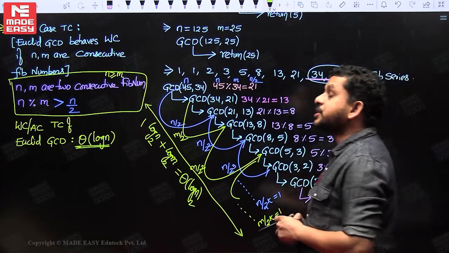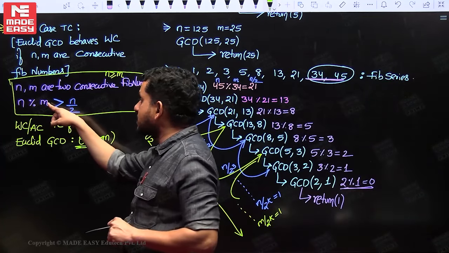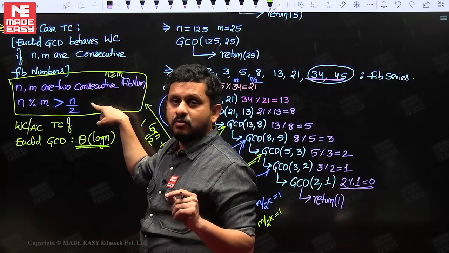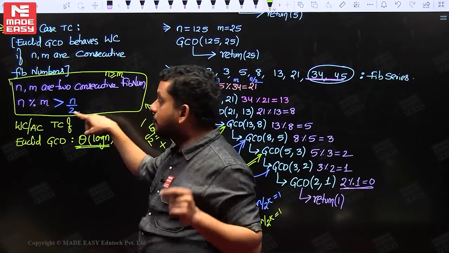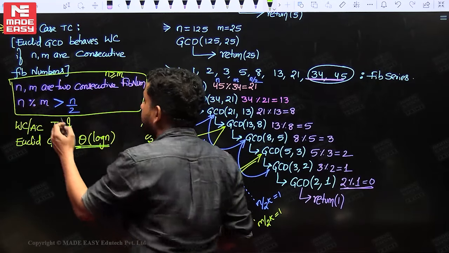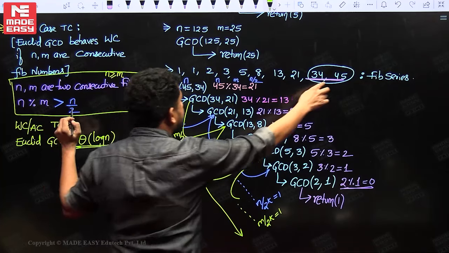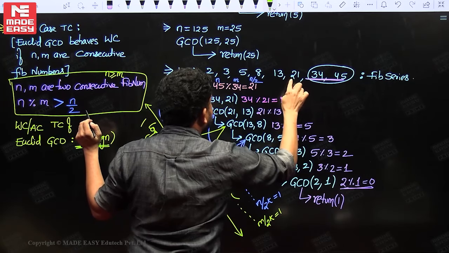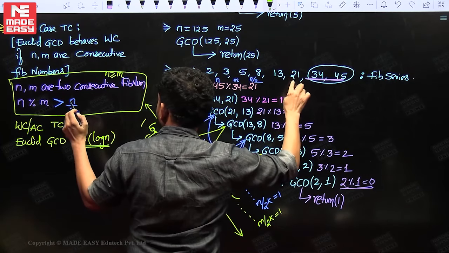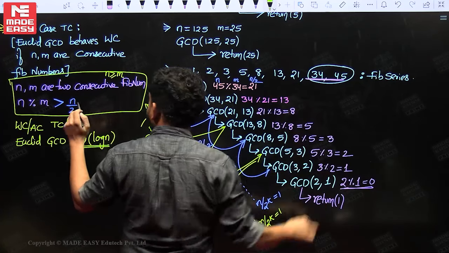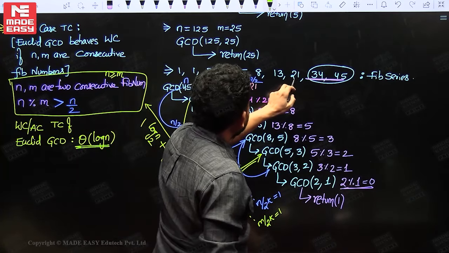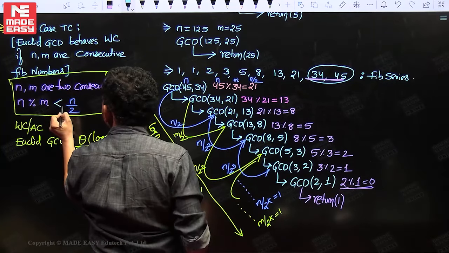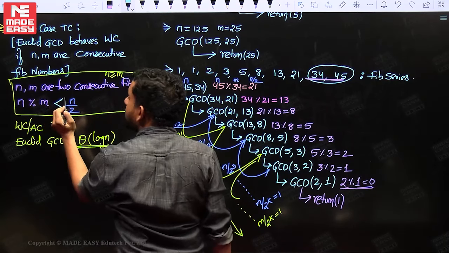See, if n and m are consecutive numbers, what happens? n modulus m is slightly bigger than half of n, almost close to n/2. So n is 45 and m is 34, the modulus is 21, slightly less than n/2, so close to n/2.